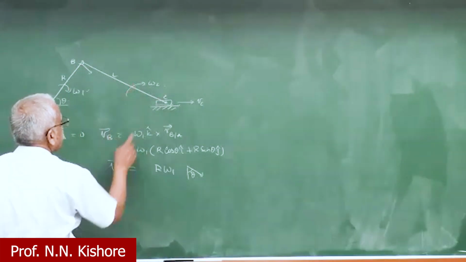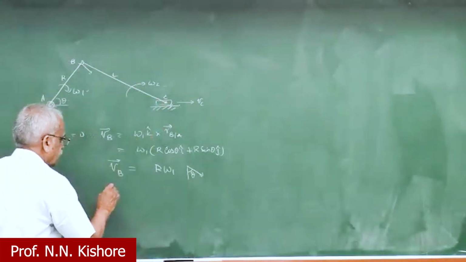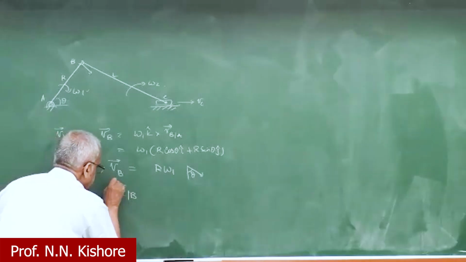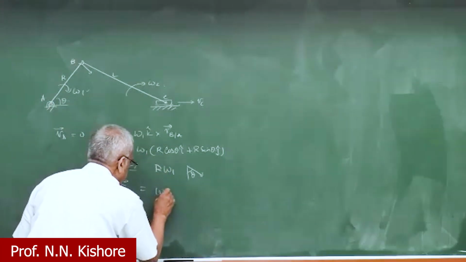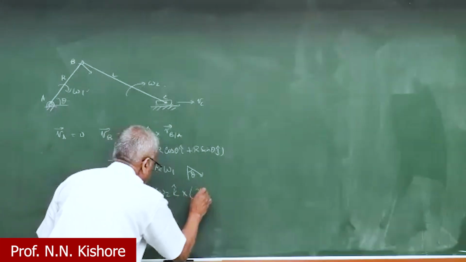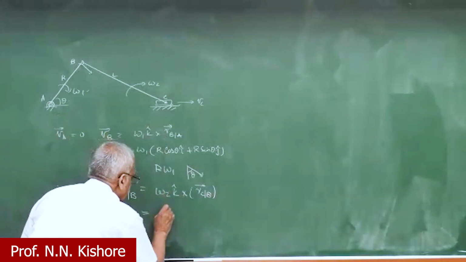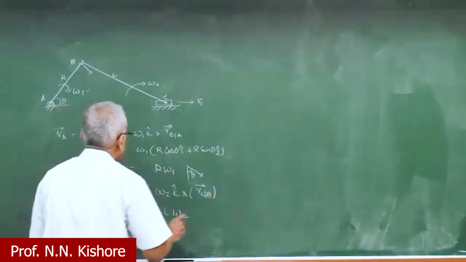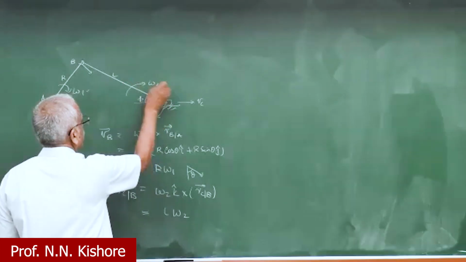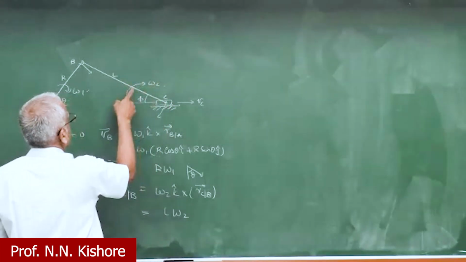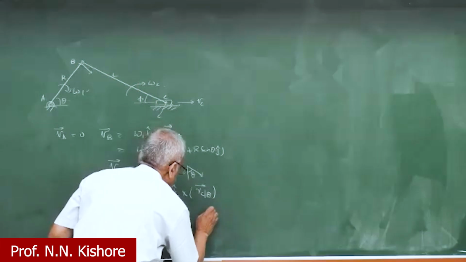Now we want to apply the velocity of C with respect to B so that we can relate it to the velocity of C. The velocity of C with respect to B, in a simple sense, I will write simply as L omega 2, and if this is phi, it is counterclockwise. So this is rotating like this, and it will go like this.